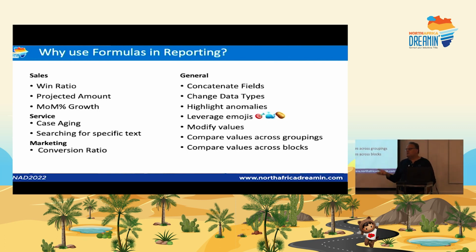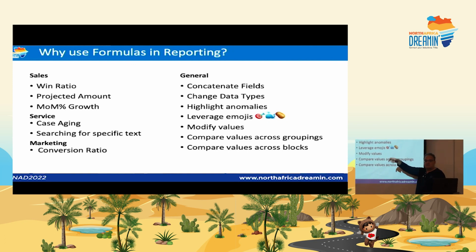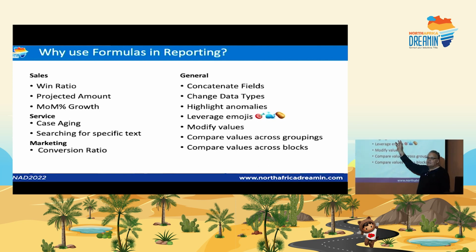There are other needs we have in reporting to take advantage of formulas, such as concatenating fields, changing data types. I do this one a lot. I use row-level formulas to change a data type so that I get it the way I need it in reporting. You might also use a formula to highlight anomalies in the data.